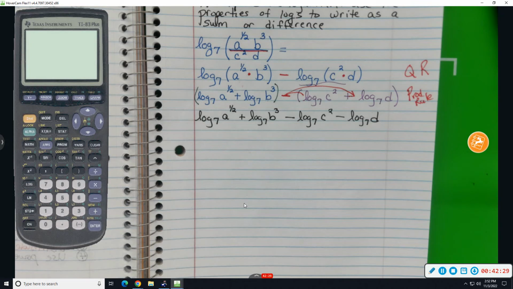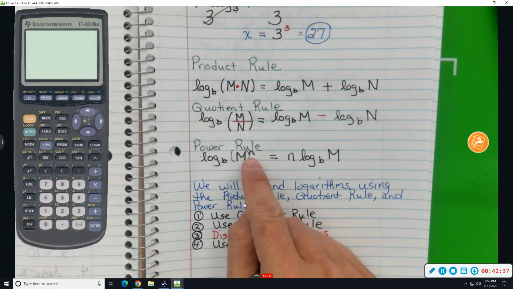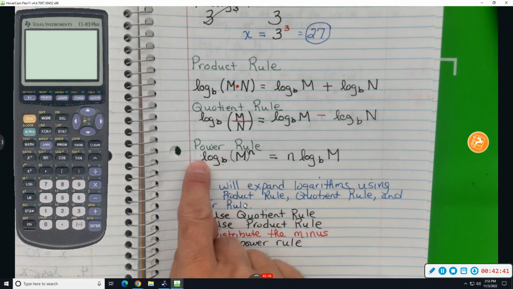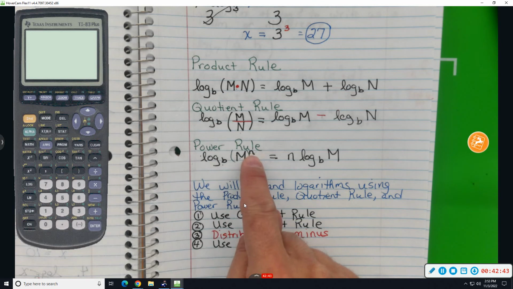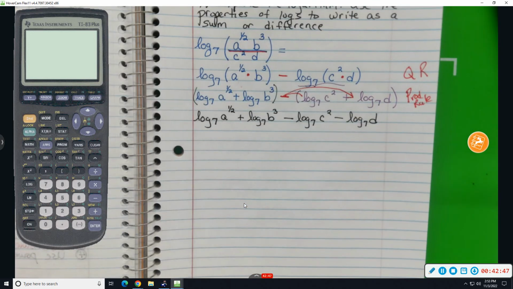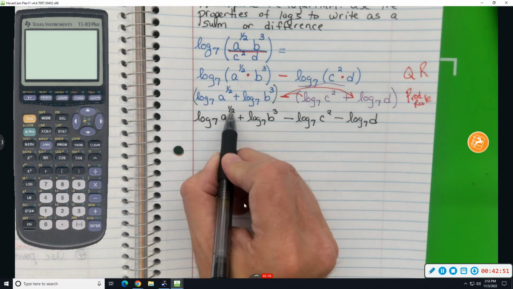Which rule have we not used yet? Power rule. Yeah, that power rule. The power rule says if you have an exponent at the end of the logarithm, you can move it in front of the L. So move the exponent in front of the letter L. So would that be log would be the exponent or no?